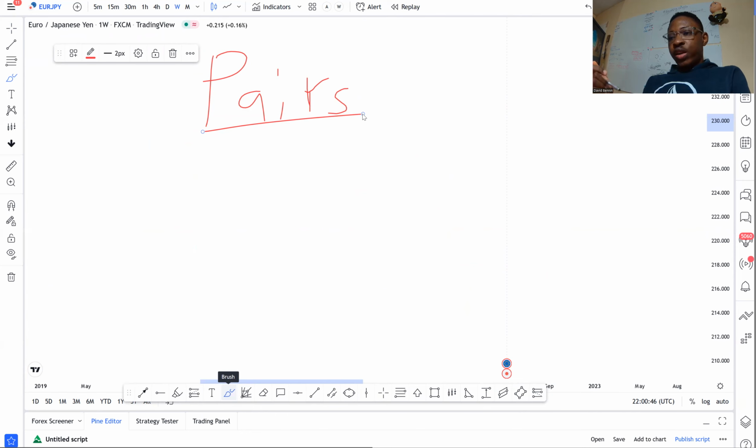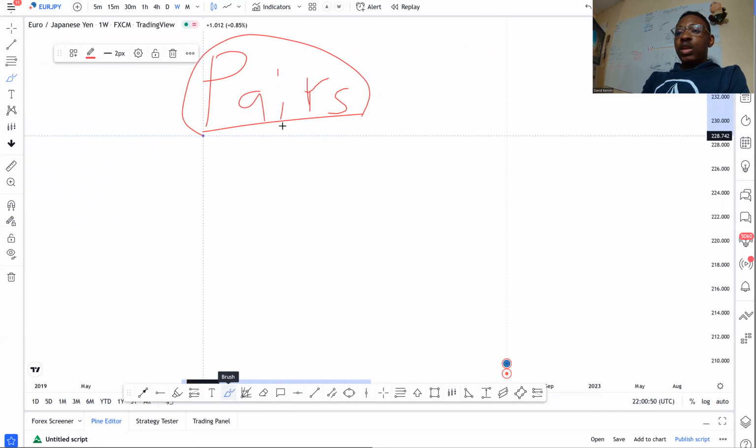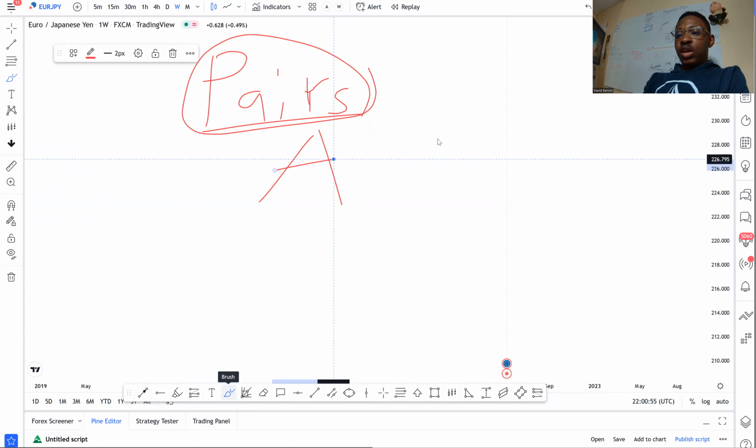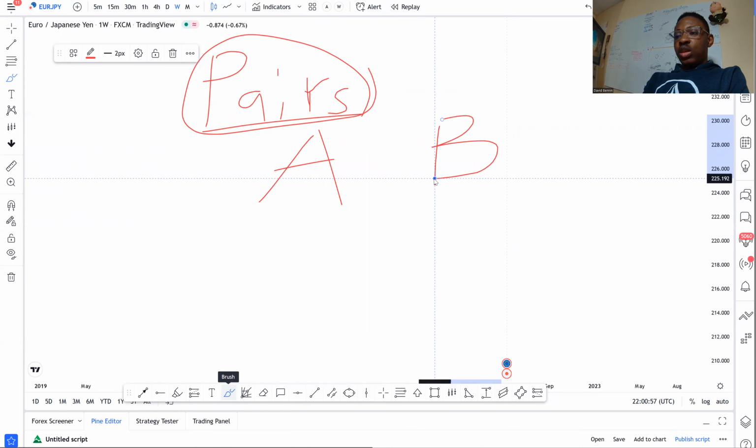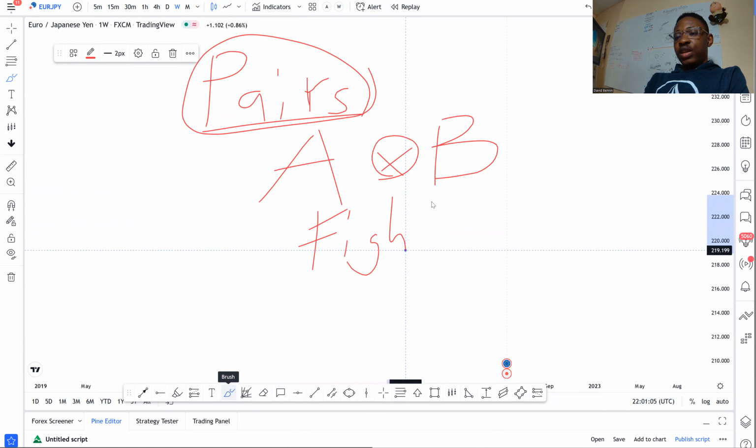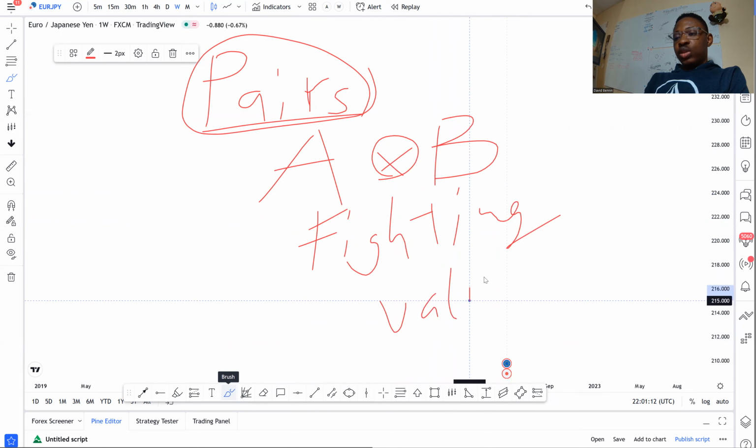So there are always two currencies, and these two currencies represent two teams, A and B. These two teams, or two currencies, are fighting for value.